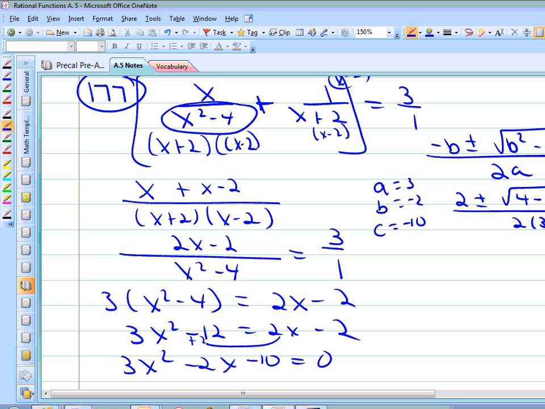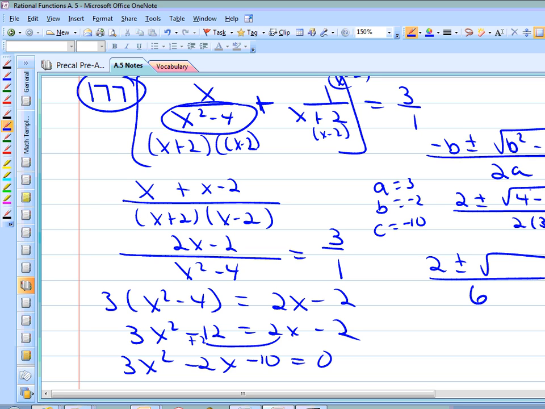Remember, in the quadratic formula, if you have one of the values negative because of the subtraction, then that's going to end up being a positive. So we're going to write 2 plus or minus the square root of something. Remember, that value underneath is called the discriminant, and this would be over 6.